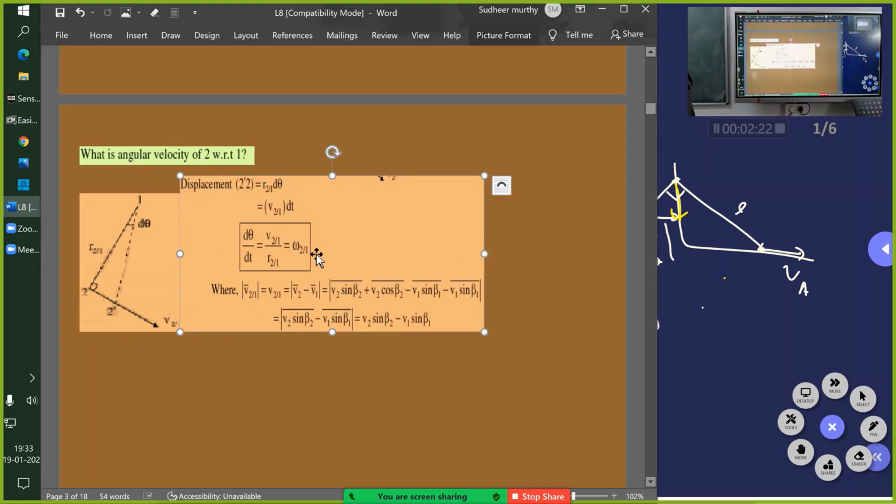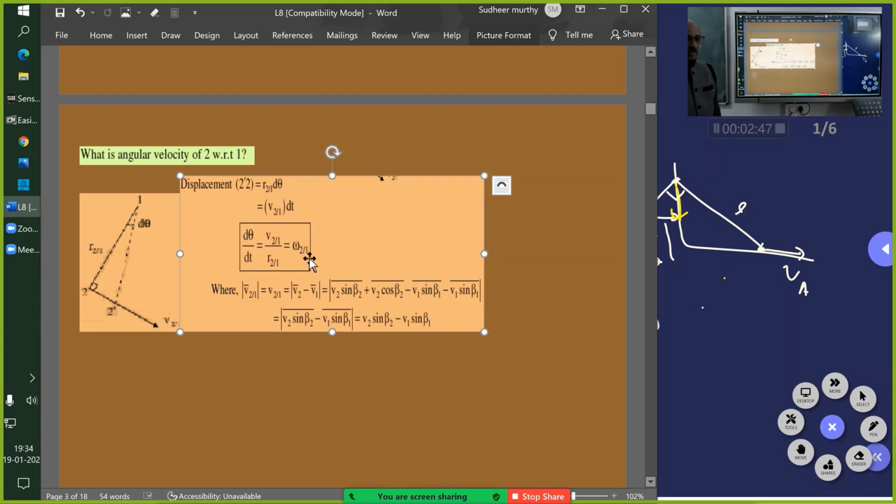Now relating it to omega. So displacement r21 d theta will give you a small arc length. And that is equal to V21 into dt, that is also equal to the same arc length. So when you equate these two, you will get d theta by dt equal to V21 by r21.